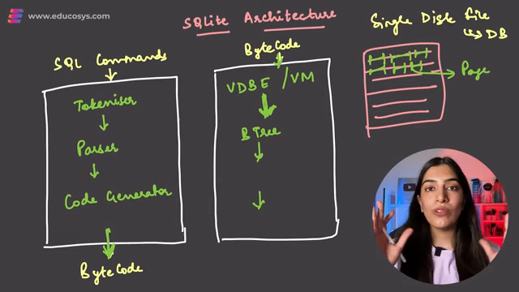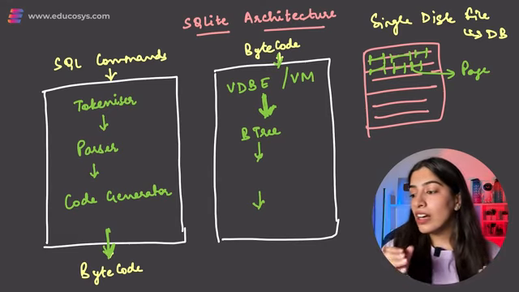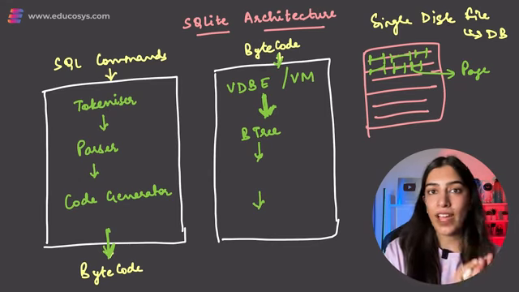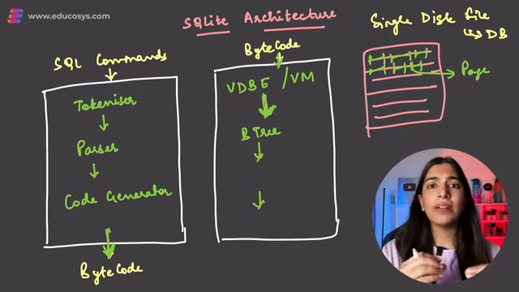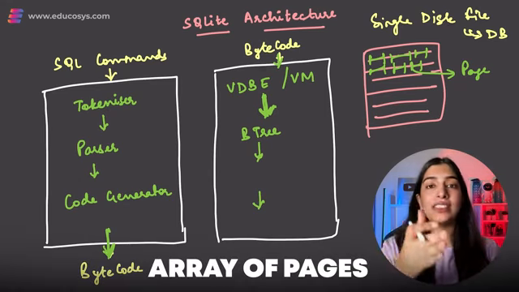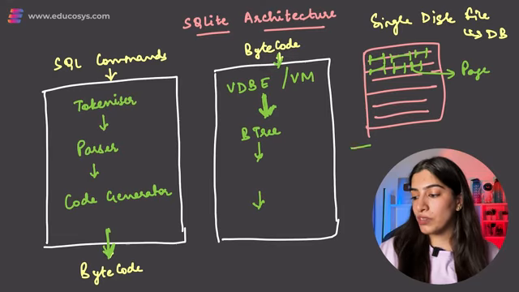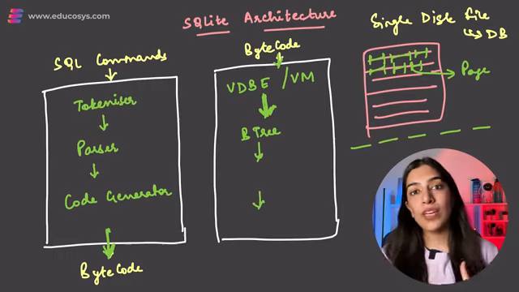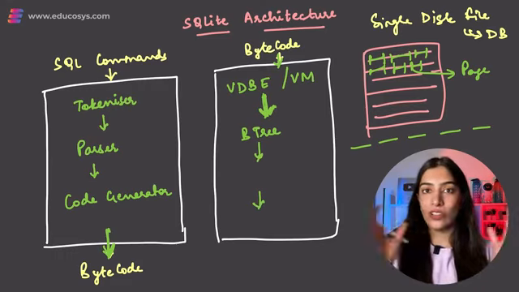In very simple terms, a single DB is represented by a single file on disk, and that is nothing but an array of pages, just some pages put together. Like page 1, page 2, page 3, page 4, page 5. It is just an array of pages. And this is how your disk file looks.